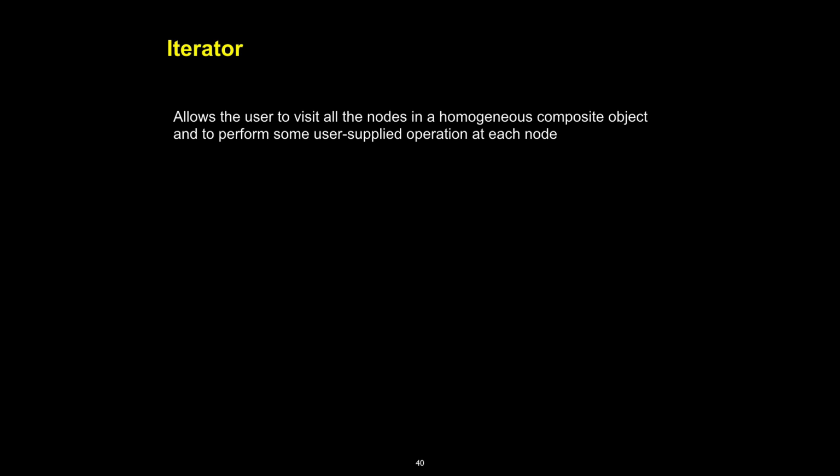So I can be at a node several times, and now I have to remember: is this the first time I've seen this node, or the second time? I may come back to this node multiple times, so I have to remember the first time, the second time, the third time.